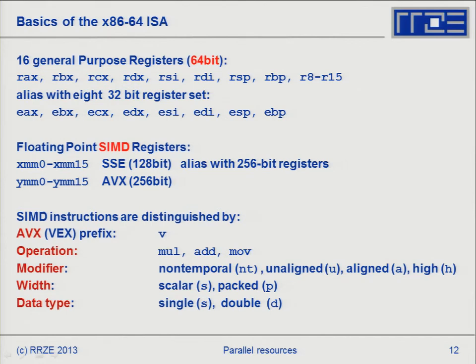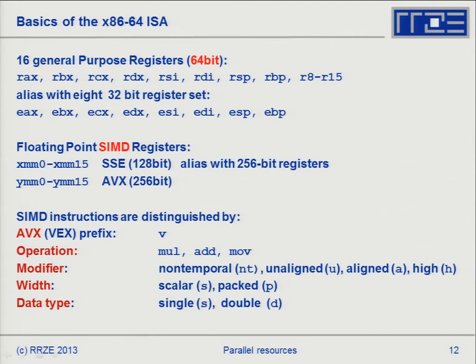The first 8 were actually present already on the 8086 processor in 1978. So this is a legacy from a very long time ago. They're still named that way. They were called AX, BX, CX at that time because they were only 16 bits. Nowadays they are 64 bits. That's why they're called RAX and so on. But the name still remains.